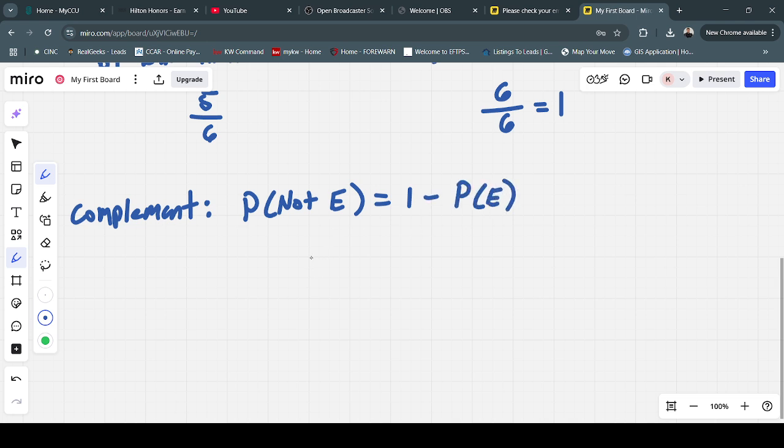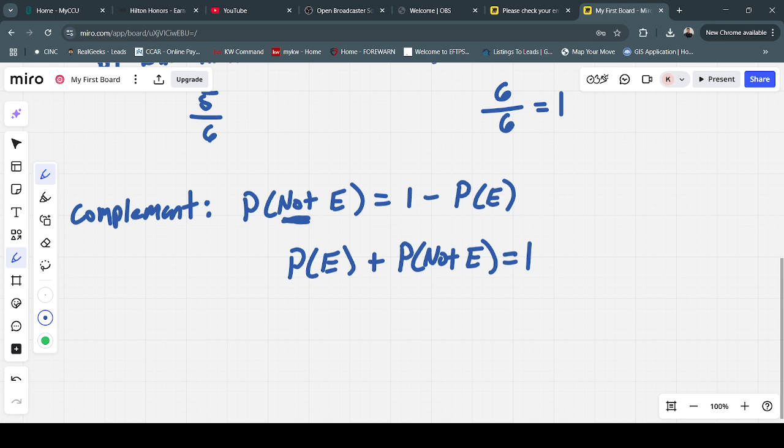Which also implies this: if I take the probability of E happening plus the probability of not E, it should equal 1. These two things are used together to form the complement rule. This is the probability of not happening.